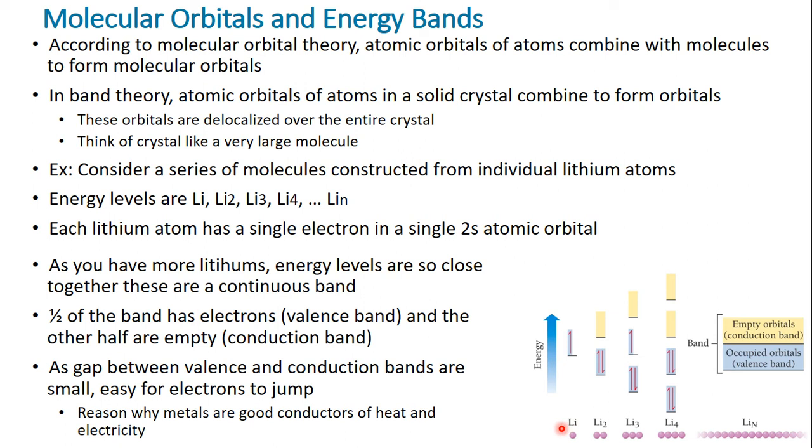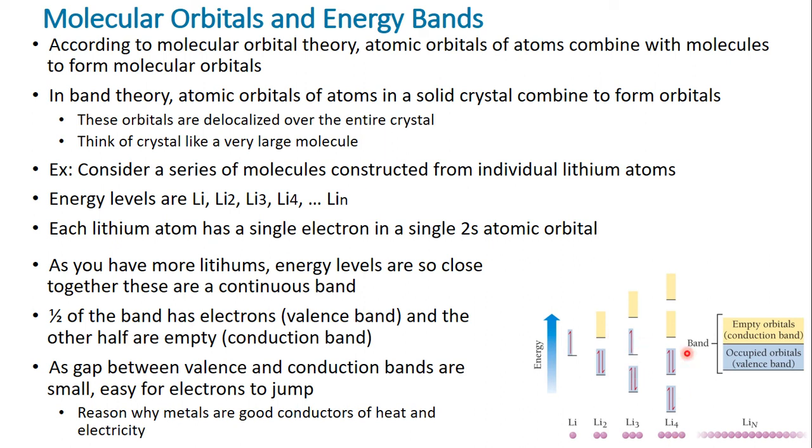Each lithium only has one valence electron, and if you have one lithium, you only have one energy level. So you put your electron there. Two lithiums, you get two energy levels, and you put both electrons on the lowest energy level. Three lithiums, three energy levels, two in the lowest, one in the next lowest.